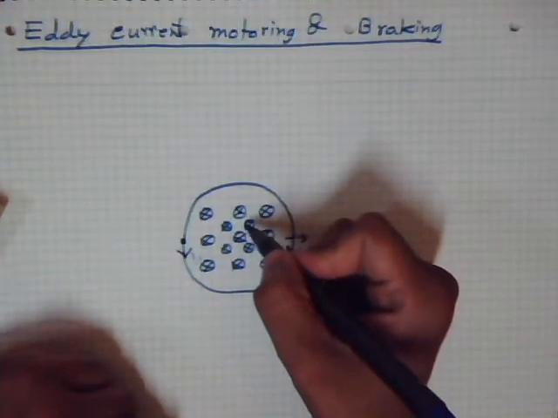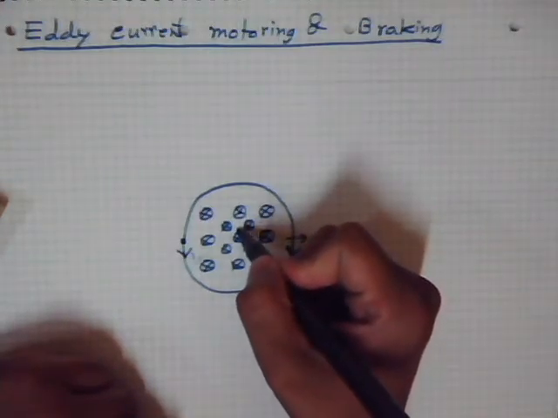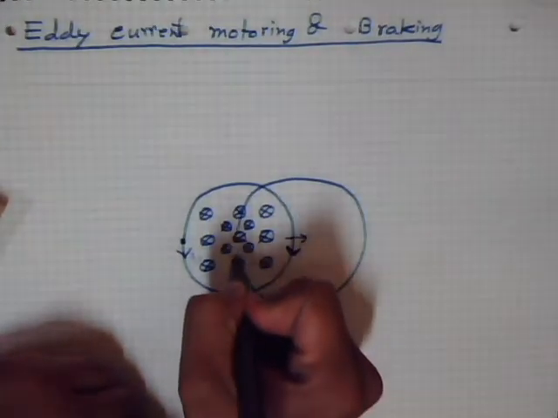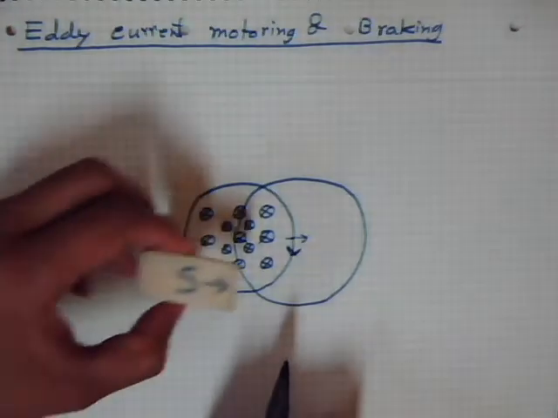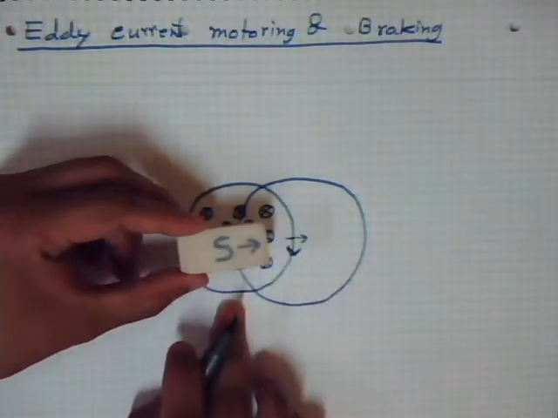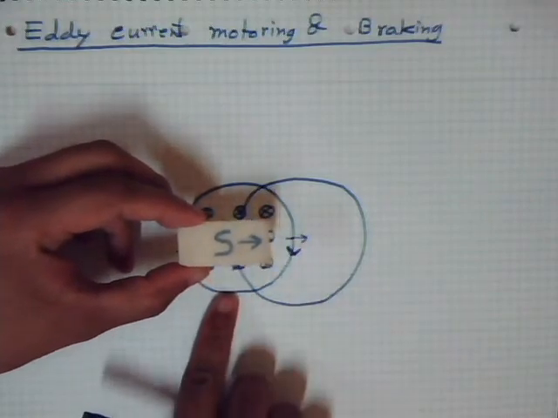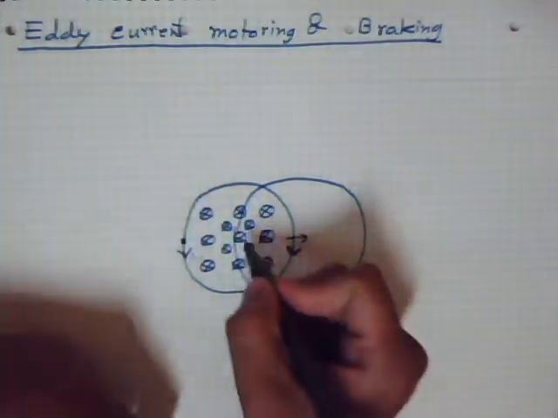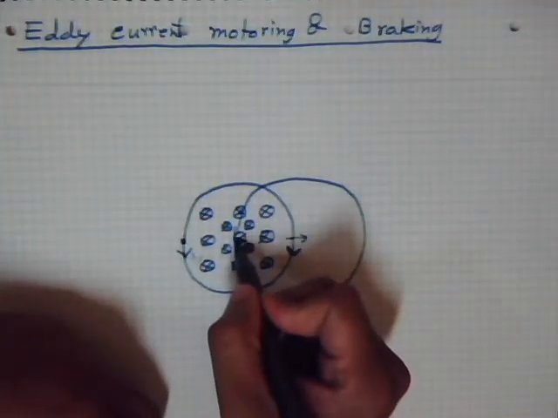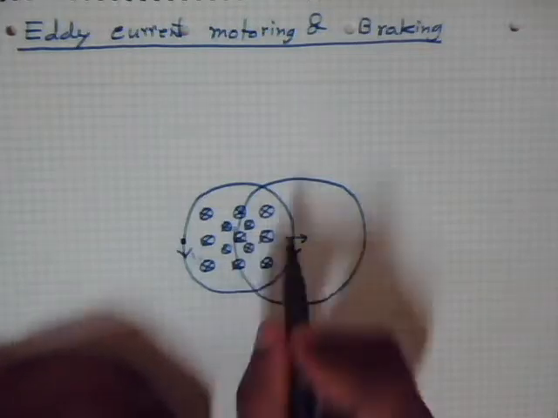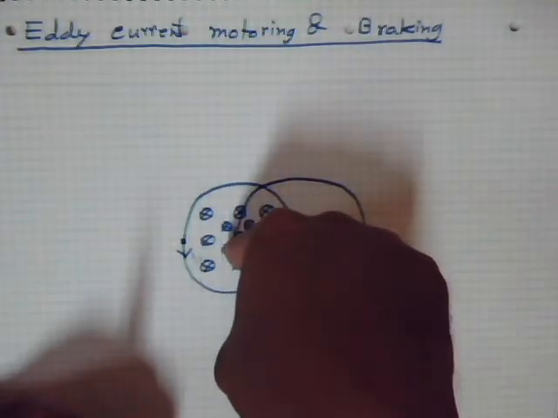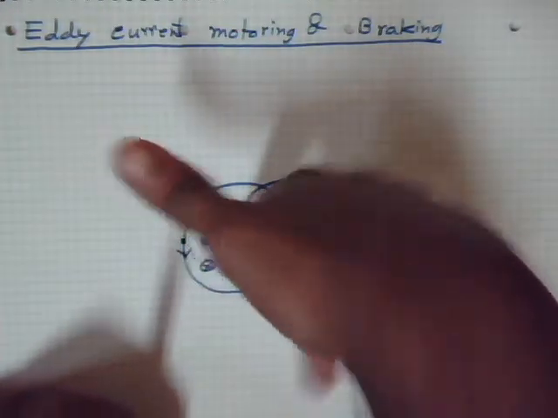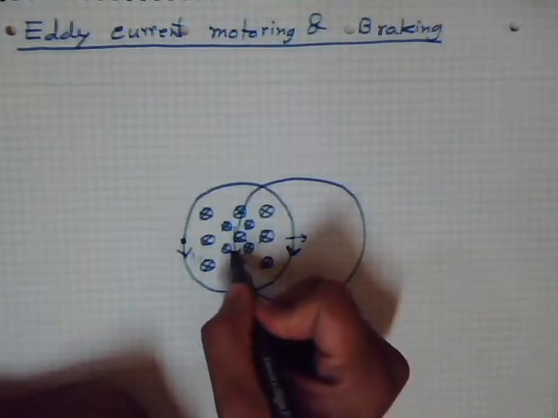But now let me consider a different closed path, and the magnet is here. This closed path is not directly under the magnet, but has some offset towards the right. Here at this point, once again the flux is downwards, the motion of the conductor is towards the left, and the EMF will be generated downwards.